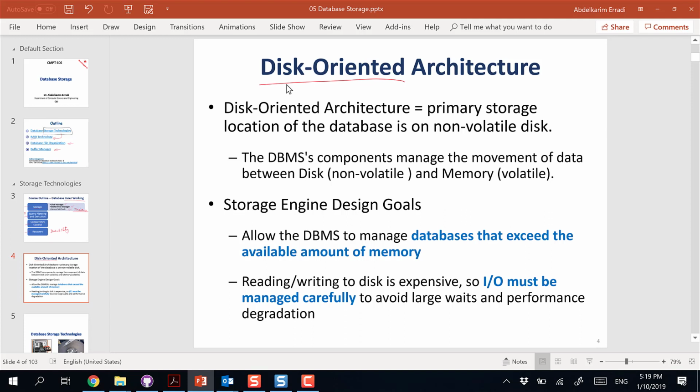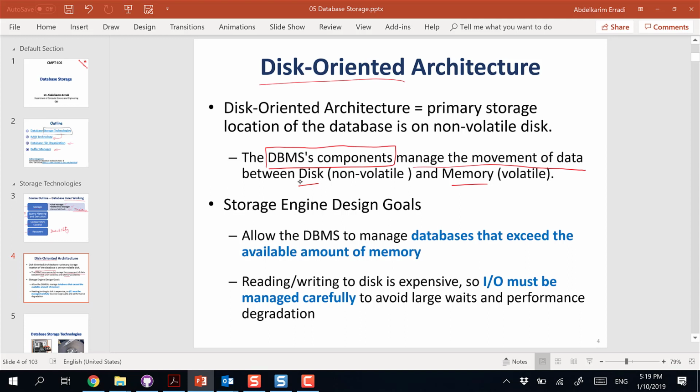And the major components of the storage engine, the main role of the storage engine is to manage the movement of data from disk to memory. You know, in a disk-based database, we cannot do processing on disk. We all know this. In fact, this is true for any program or data we want to process in a computing system.